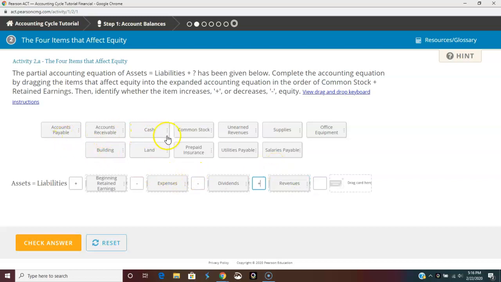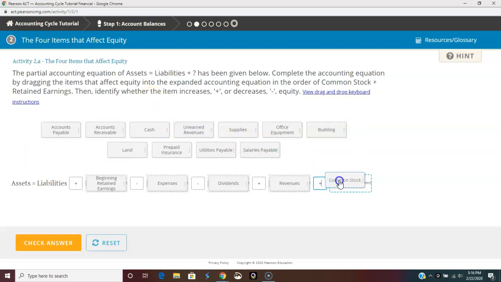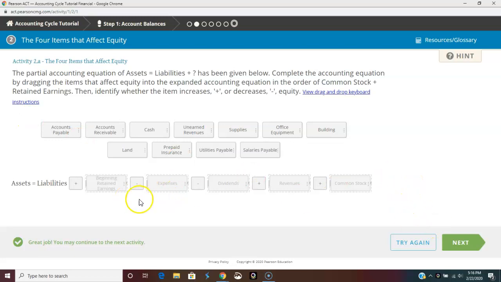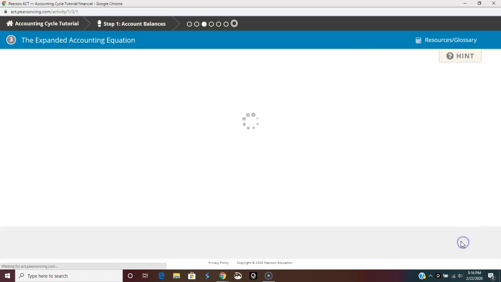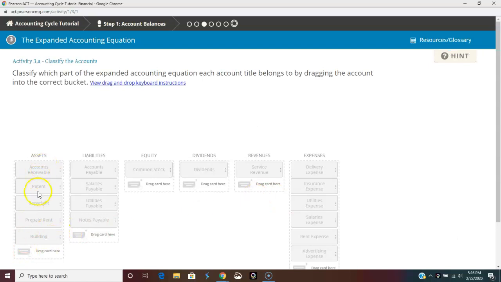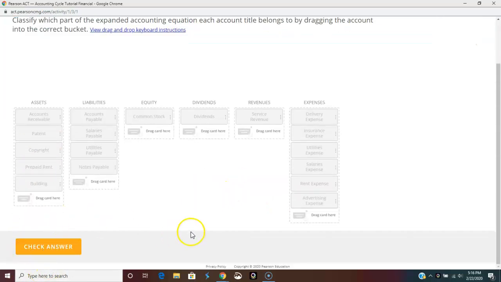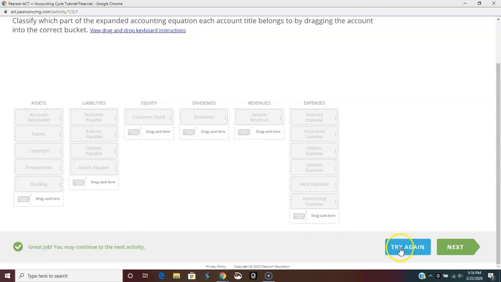What else have we got here? Plus common stock. Let's see if we're correct. Yeah. So it doesn't really matter what order these were in. They just had to be plugged in. And these are the parts of equity, all of these different things. Next. Again, I'm going to have to hit reset. It's going to make me do that.